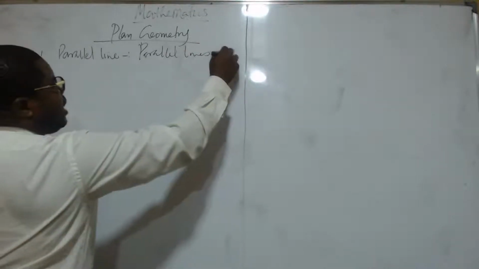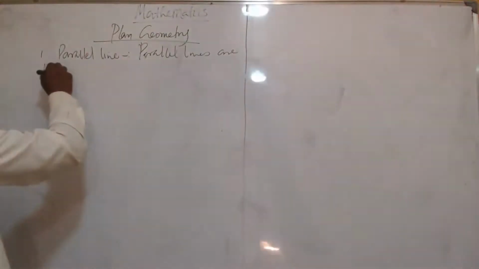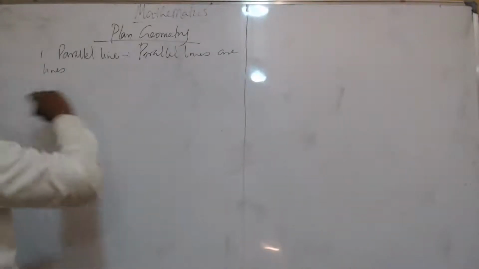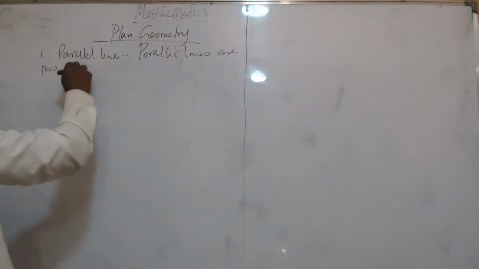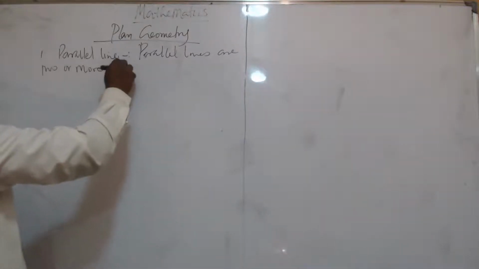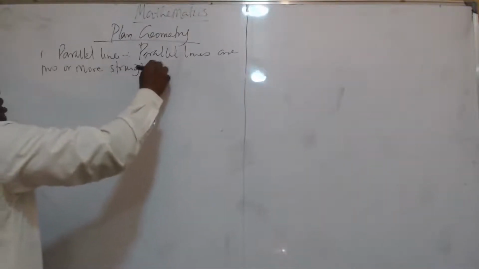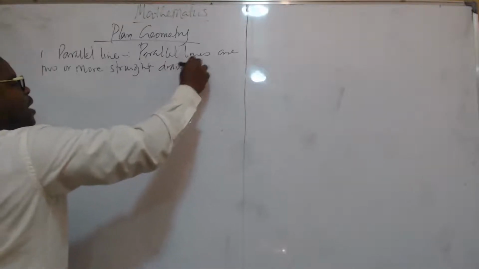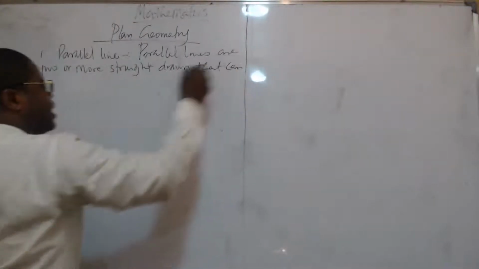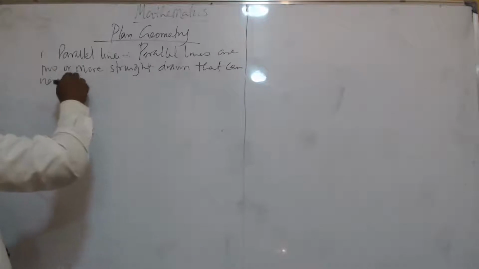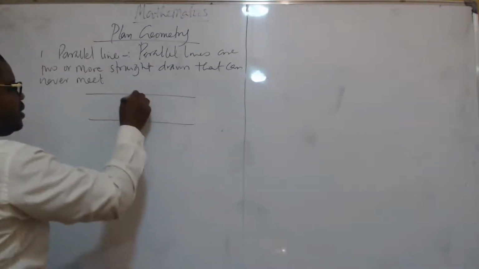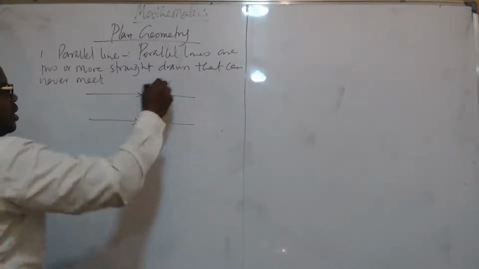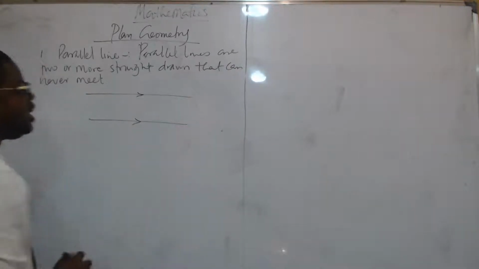Parallel lines are two or more straight lines drawn that can never meet. We have something like this. So these are what? Parallel lines.